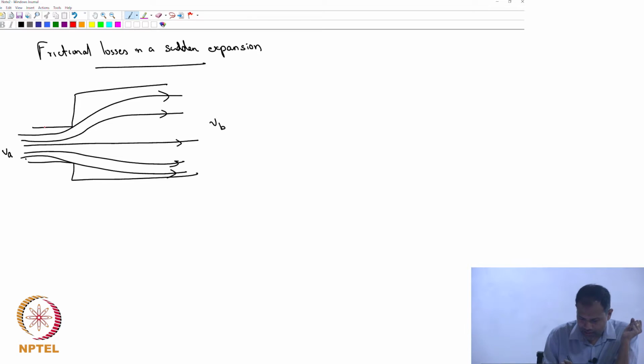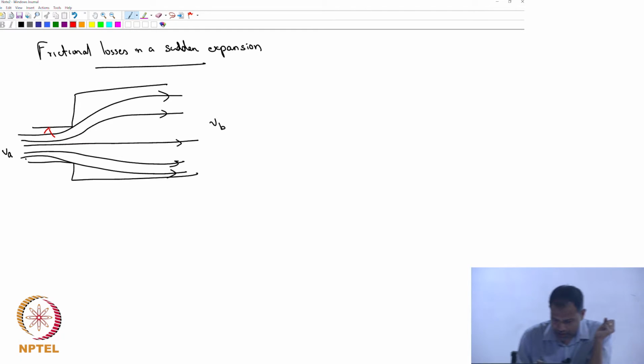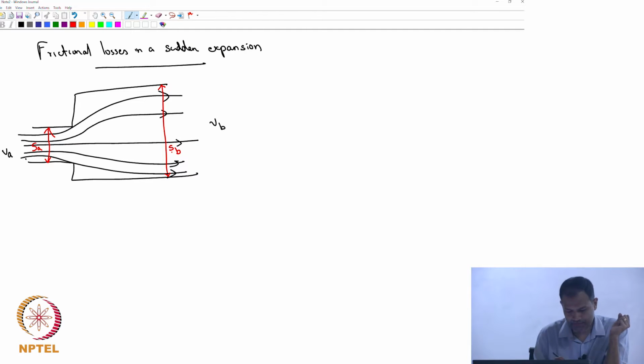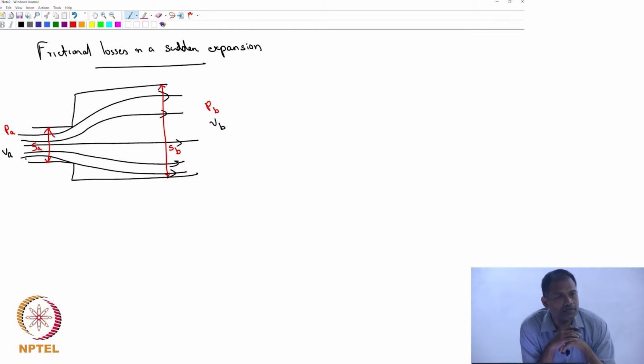And let's say the cross sectional area here is SA, and the leaving cross sectional area is SB. And let's say the pressure with which it's entering is PA, and the pressure with which it is leaving is PB.